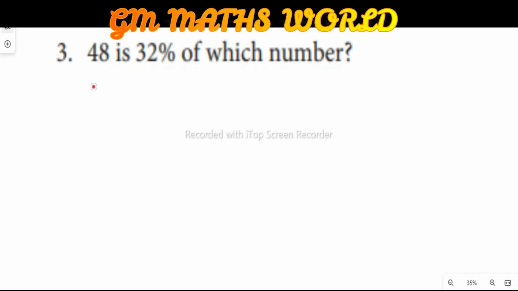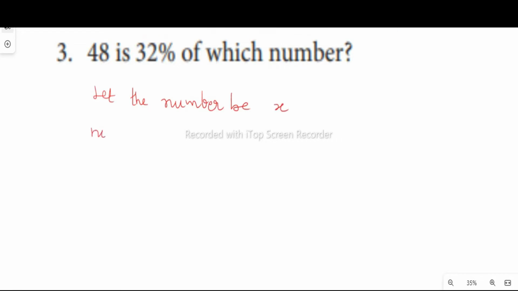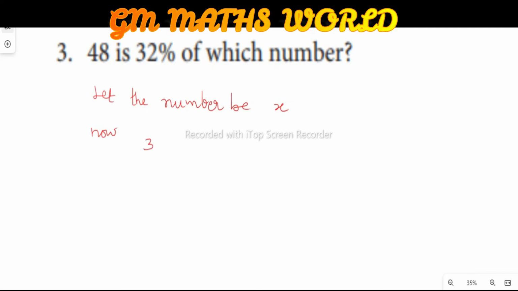The problem is: 48 is 32% of which number? So we have to take the number as x. Let the number be x. Now we have to write the equation of the given statement. 32% of that number is 48.